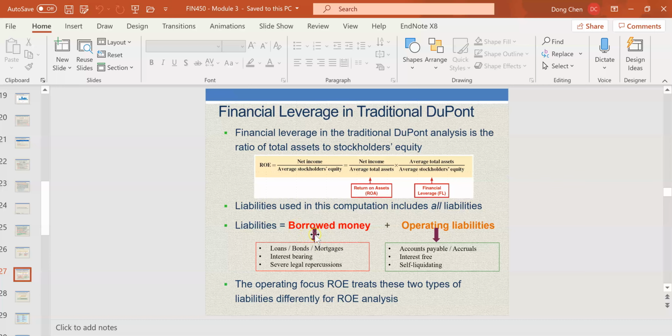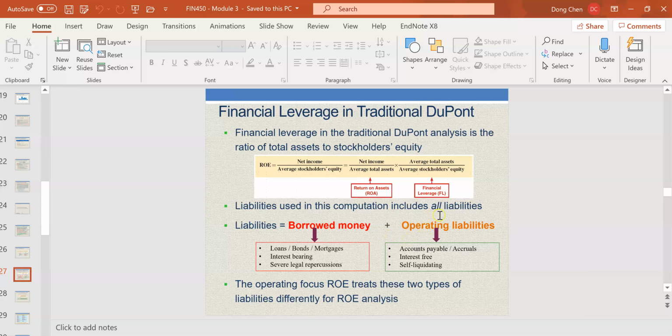The borrowed money is like money borrowed from banks, corporate bonds issued to the public, or notes payable. But operating liabilities are generally provided by entities such as suppliers. So these two have very different characteristics, and that's the reason we decompose the ROE into the operating part and the non-operating part of the returns.